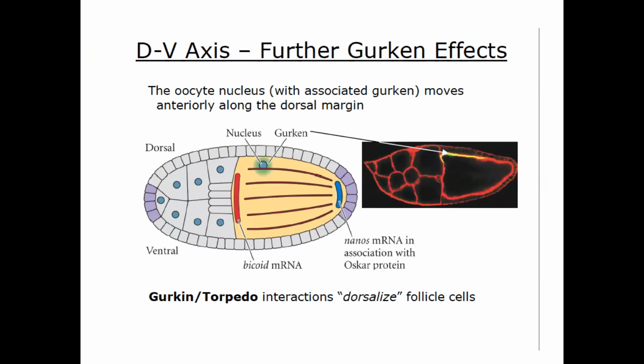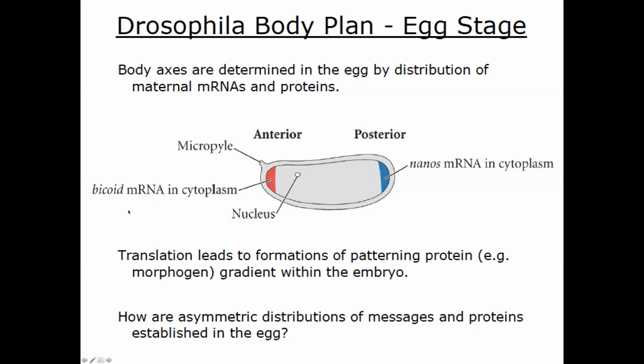How are asymmetric distributions, so the mRNA of bicoid and nanos are separated, and are they bound to certain proteins and are retained? Correct. That's what I mentioned. So bicoid mRNA is also bound to mRNA binding proteins called exuperentia and swallow.